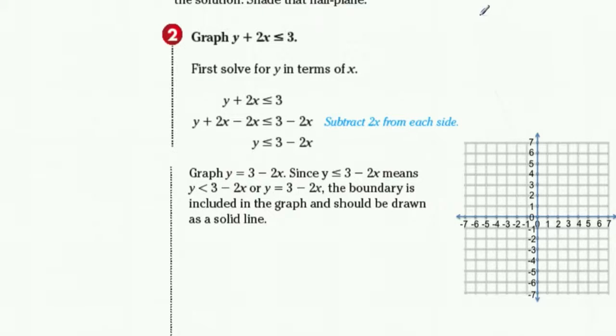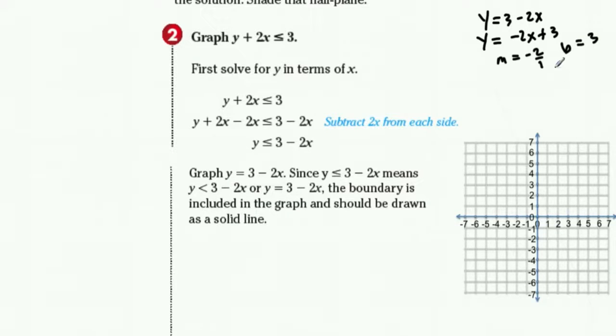y equals 3 minus 2x. We can rewrite this as y equals negative 2x plus 3. Now if you notice, this is in slope-intercept form. Your slope would be negative 2 over 1, and your y-intercept would be 3.